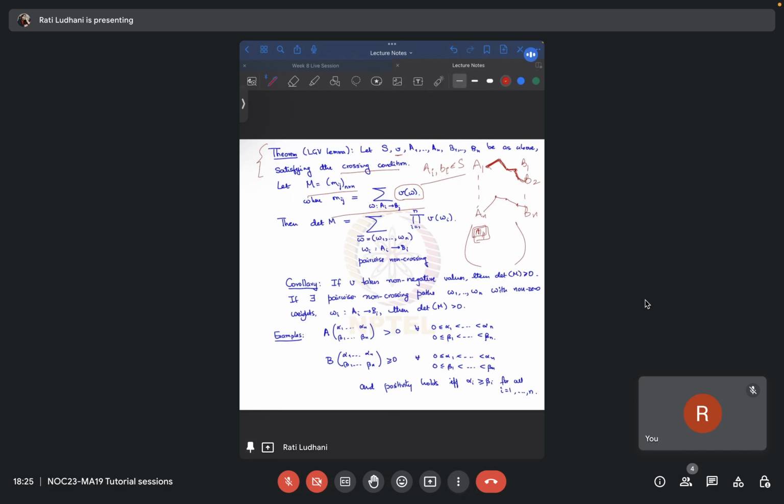Then the determinant of M is equal to the summation over pairwise non-crossing paths of the product of V of omega I, where omega I is a path from AI to BI, and each omega 1, omega 2, omega 3, and whatever paths you are considering for different I's should be pairwise non-crossing. Is that clear?